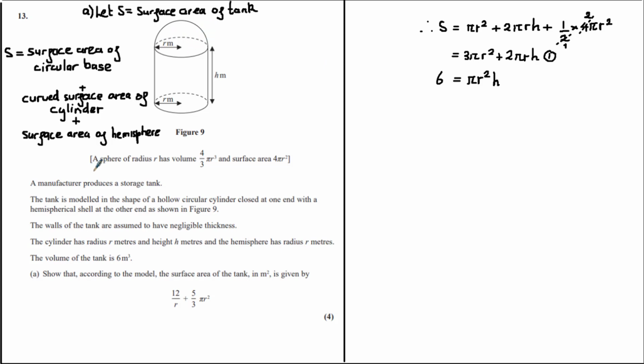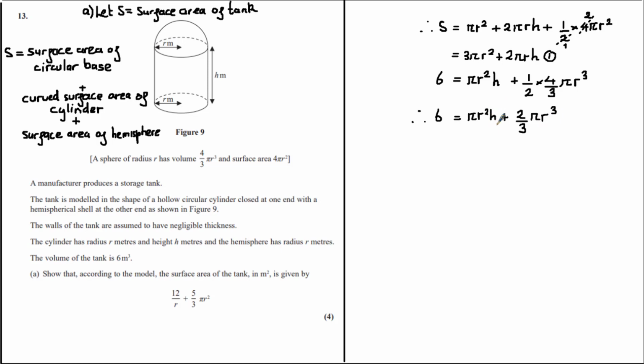In the question, they've told us that a sphere of radius r has a volume of 4 over 3 pi r cubed. Therefore, a hemisphere would have a volume of half times 4 over 3 pi r cubed. Multiplying this fraction gives us 4 over 6, which simplifies to 2/3, and therefore 6 is equal to pi r squared h plus 2/3 pi r cubed.